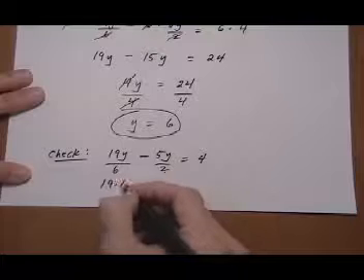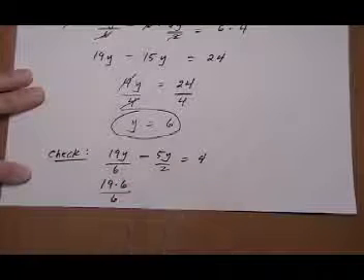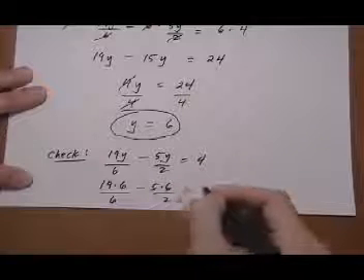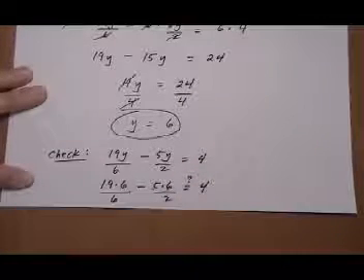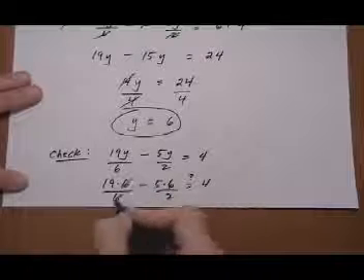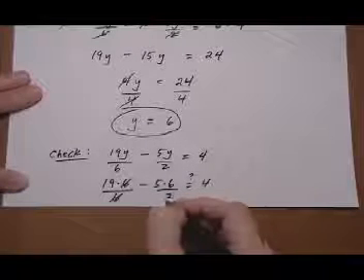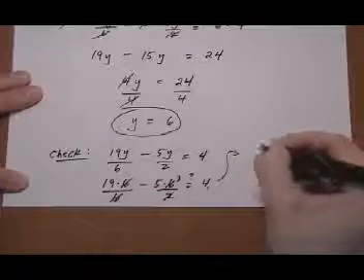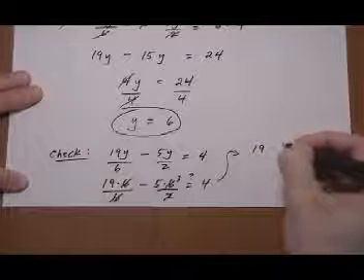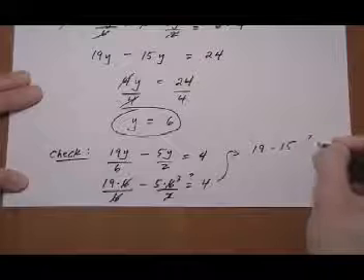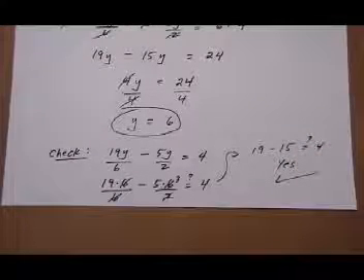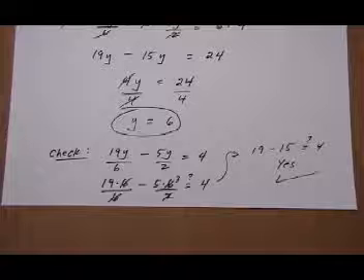So we'll just put it in wherever we see a y. So 19 times 6 over 6 minus 5 times 6 over 2. The question is, does that equal 4? And it should equal 4 if this is a true solution. So let's do some canceling. Gives us 19 minus 15 equals 4. Yes, so it checks out. y equals 6 is the solution.